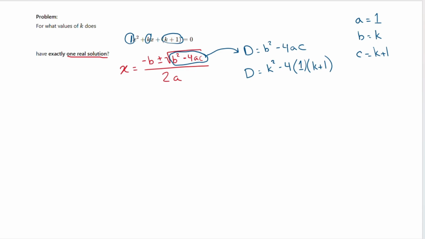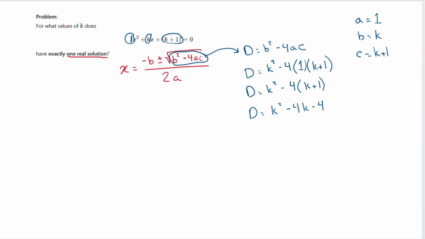So d equals k squared minus 4 times 1, that's just 4, times k plus 1. We can distribute this negative 4 into the k plus 1 to get d equals k squared minus 4k minus 4. Don't forget to distribute both the negative and the 4 into k plus 1.